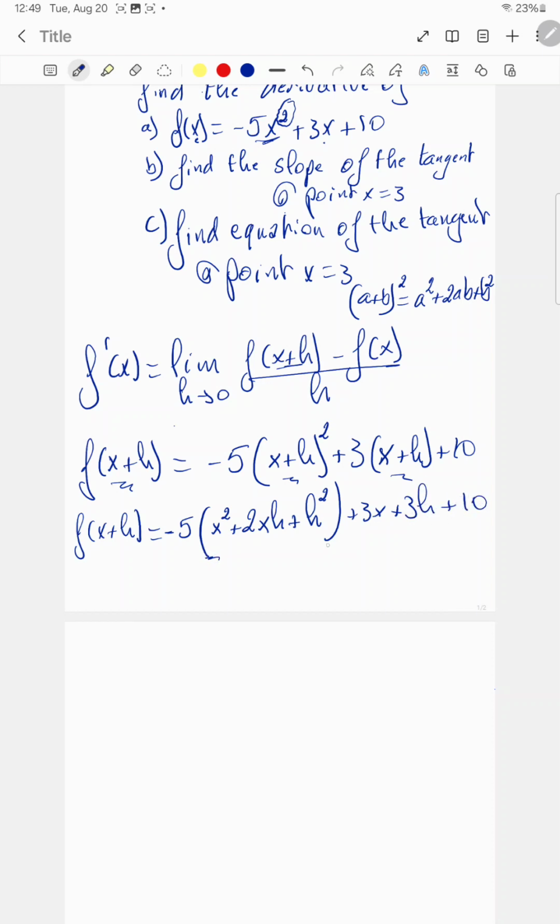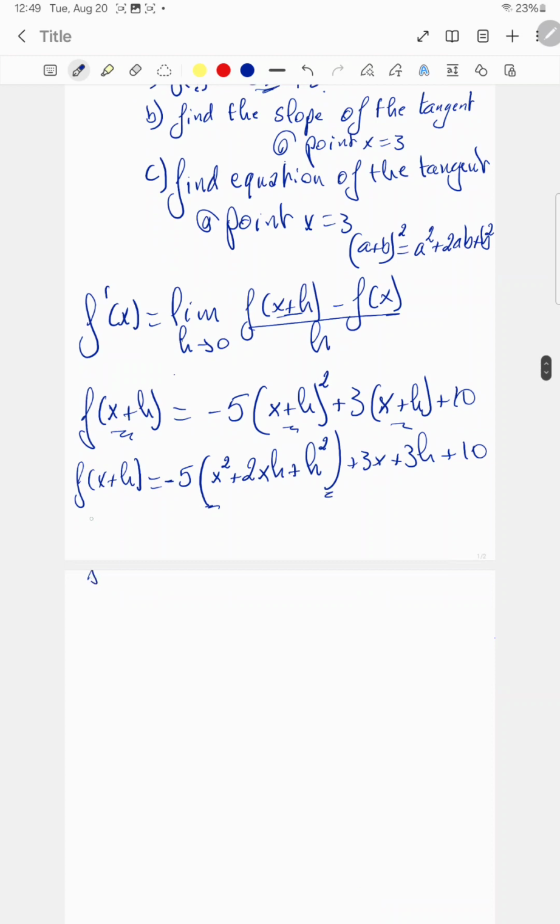Let's get rid of these parentheses. f of x plus h, let's write it down on a new page.